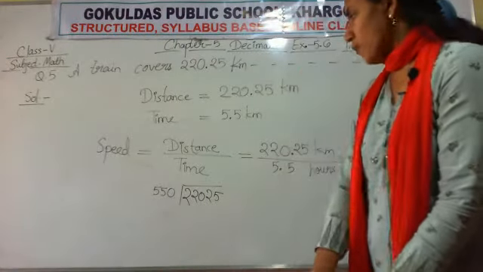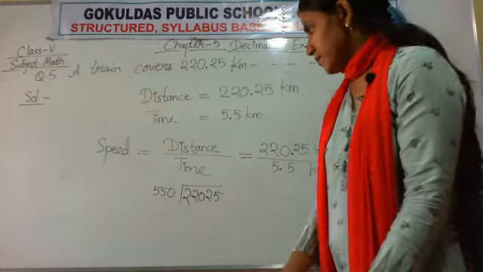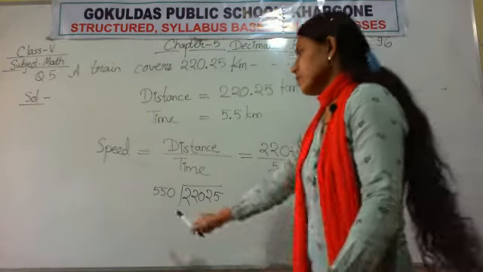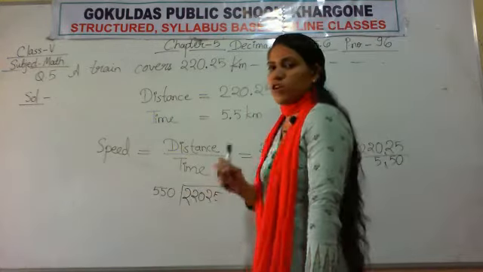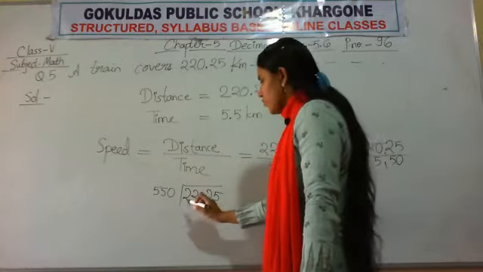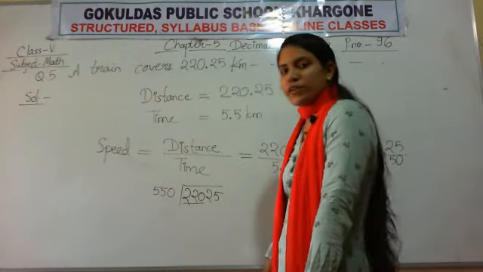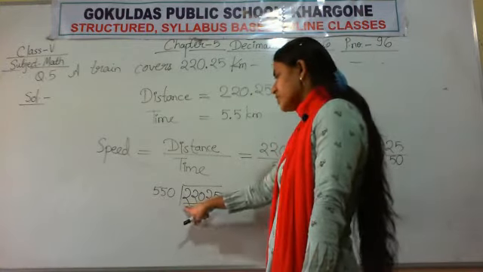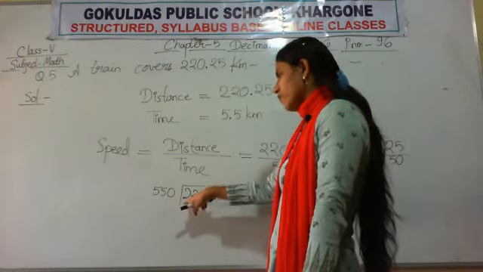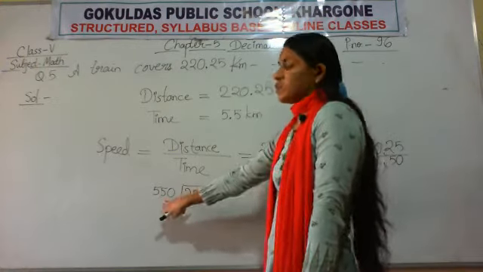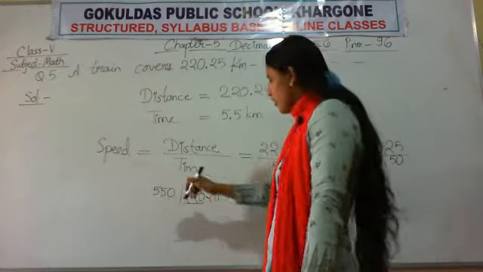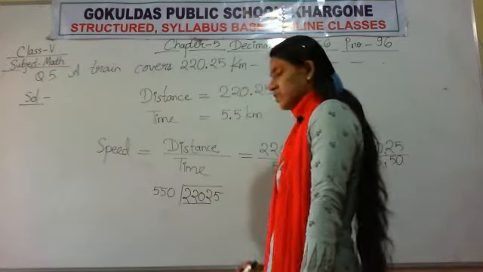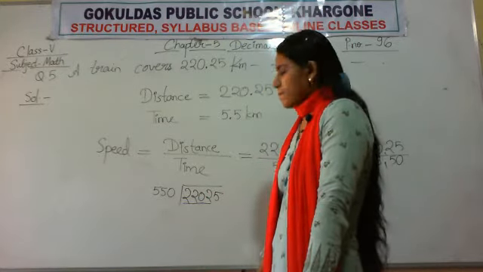Now tell me how many times we can divide, as our divisor is of 3 digits, right? So we will choose the first 3 digits of the dividend also, but the first 3 digits of the dividend are smaller than 550. So here we need to take 4 digits. Okay.